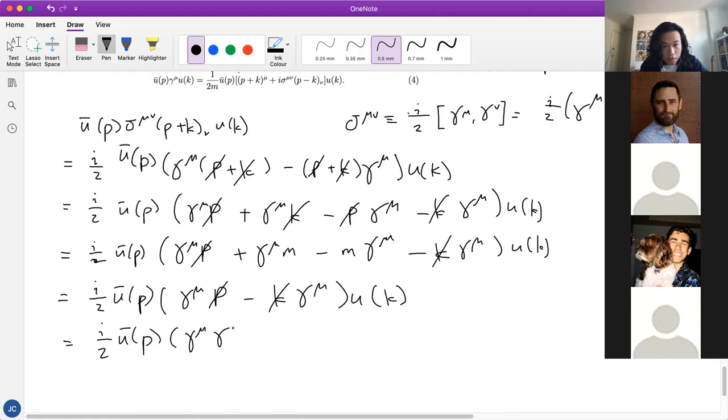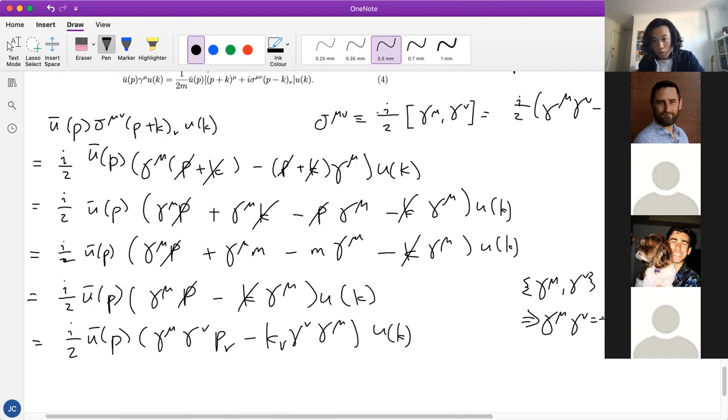So gamma mu, gamma nu, P nu minus K nu, gamma nu, U of K. Okay, so the first one, I'm going to try to simplify this by invoking the anti-commutator, gamma mu and gamma nu is equal to 2 eta mu nu. So that means gamma mu gamma nu is equal to minus gamma nu gamma mu plus 2 eta mu nu.